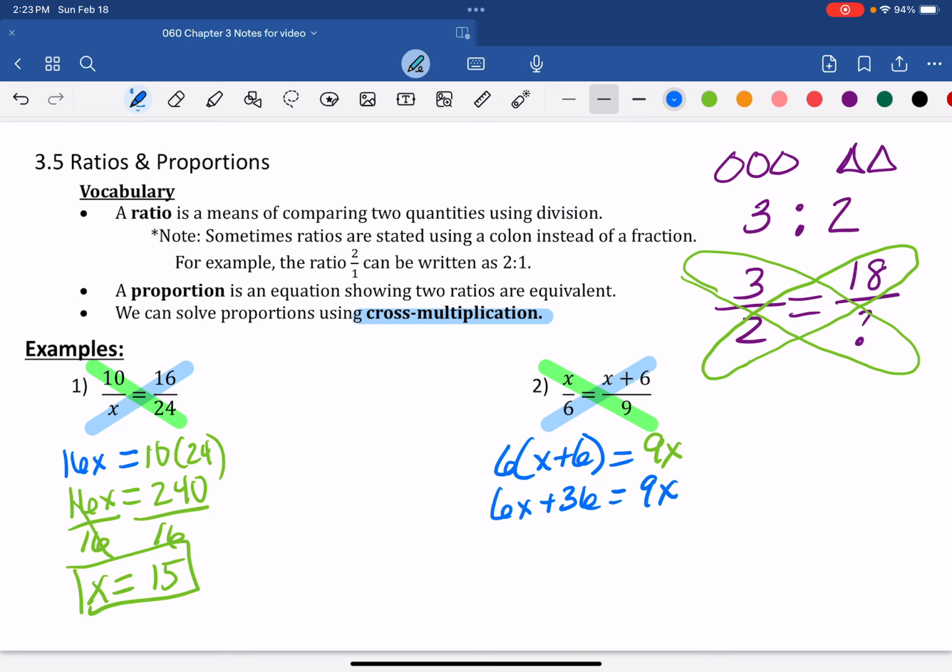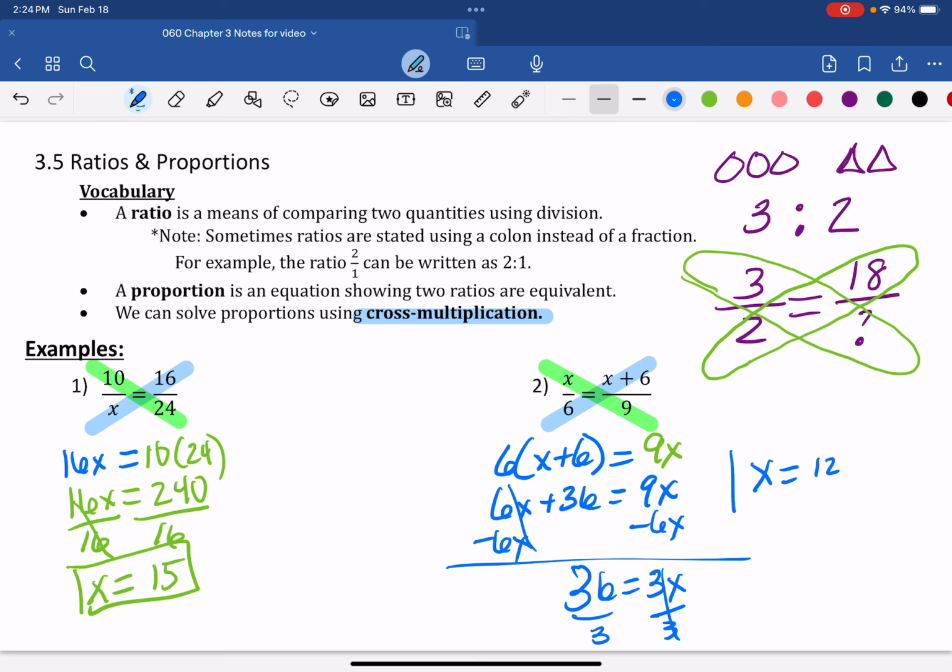That distributive property will make sure that I multiply the 6 by both numbers on the inside, or by both numbers in the numerator. And then I can do my steps to solve the equation, getting that x equals 12.